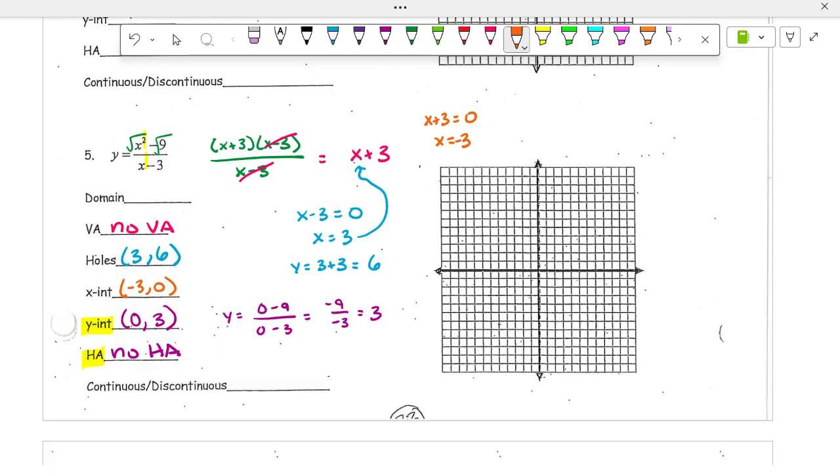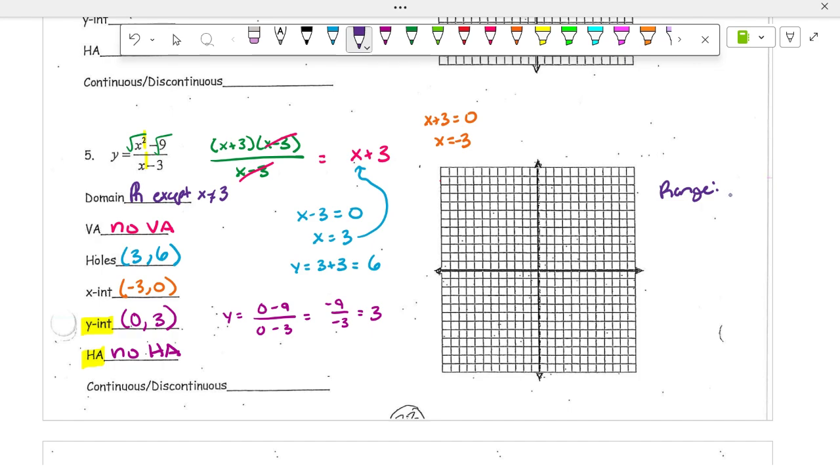Domain. What's my domain? All real numbers except what? What's the only x value that can't happen? Right, x equals 3. x cannot equal 3 because that's where we have a hole. Now, I know they don't ask us this, but what about range?